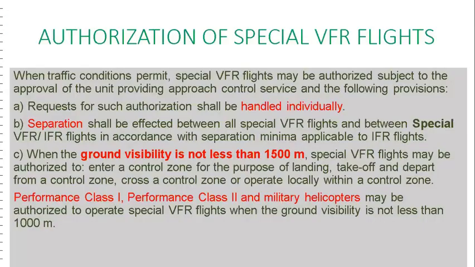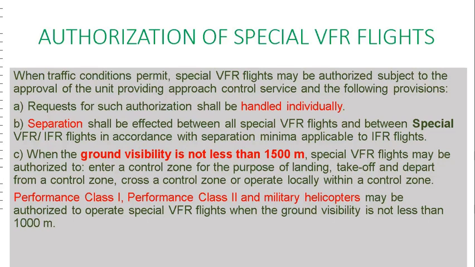When traffic conditions permit, special VFR flights may be authorized subject to the approval of the unit providing approach control service. Earlier I mentioned that the aerodrome control tower itself cannot authorize you to operate as a special VFR flight. If you are on the ground, you will be in contact with the aerodrome control tower, but the tower has to take approval from the approach control service.